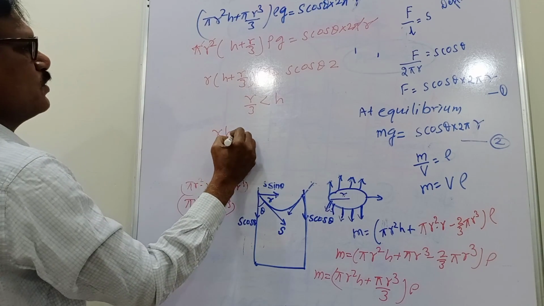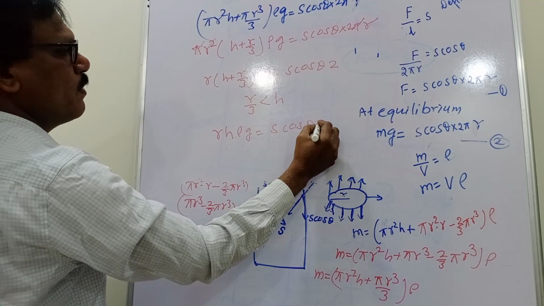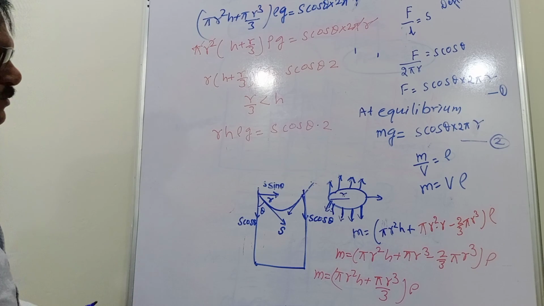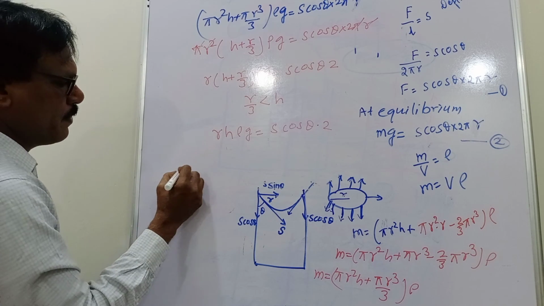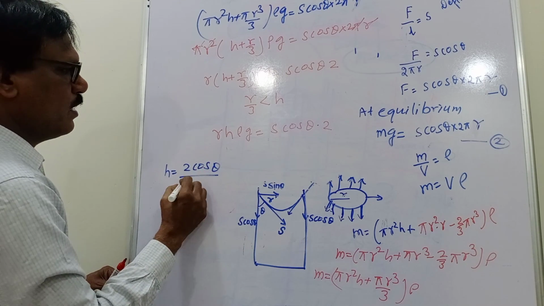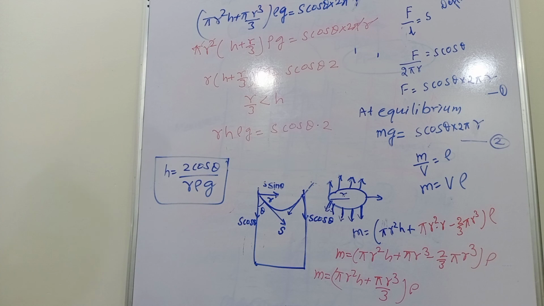So r h rho g is equal to s cos theta into 2. So the rise in height will become h equal to 2 s cos theta upon r rho g. This is the rise of height in the water column. Thank you.